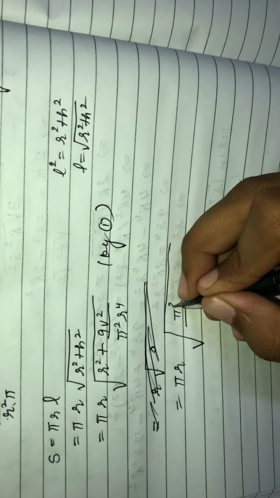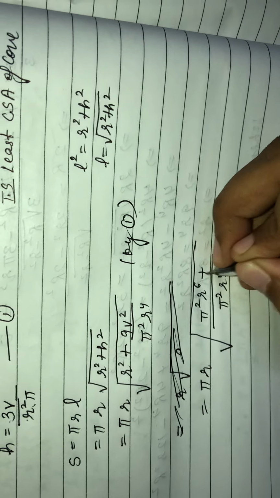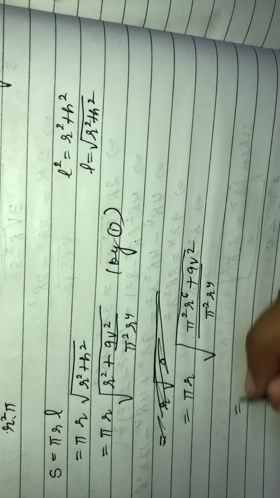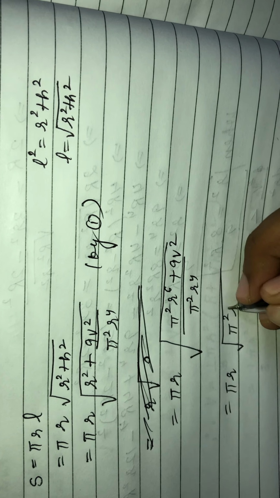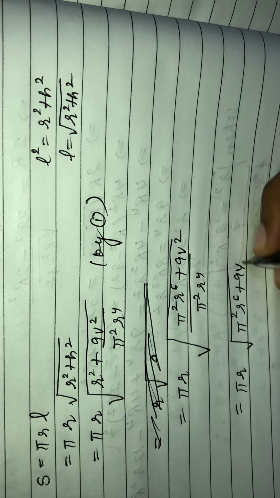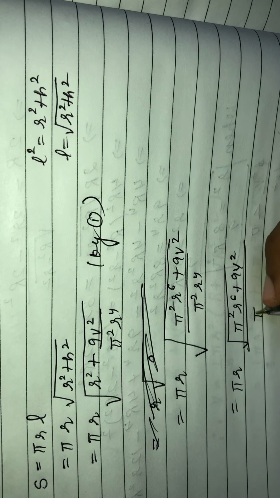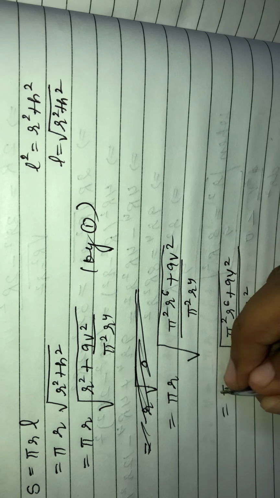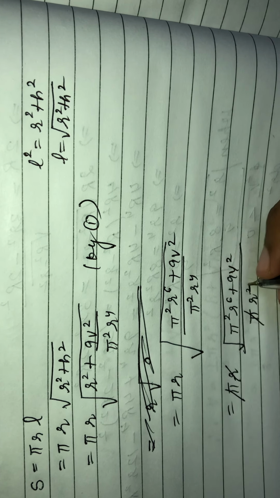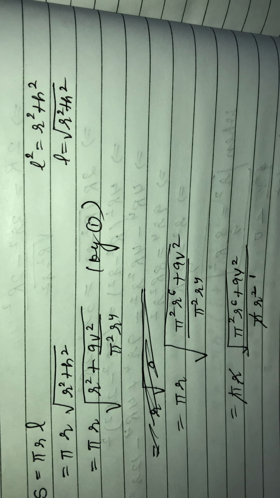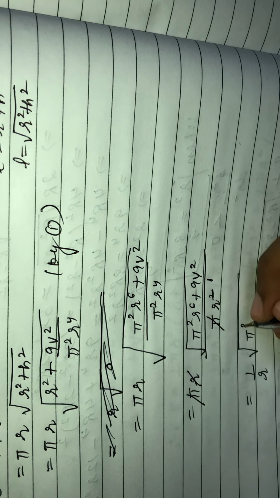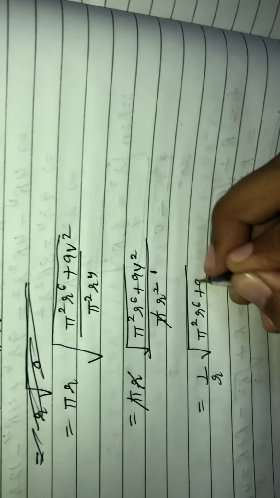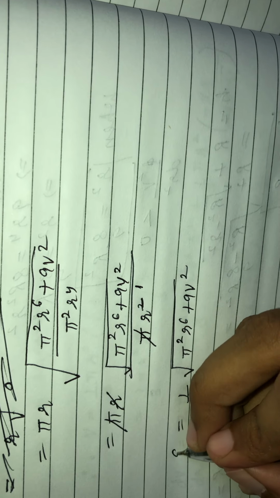So I am getting π² r⁶ + 9V². So π r times the square root of (π² r⁶ + 9V²) over π² r⁴. Pi will cancel out, r will cancel out, I am getting 1 r. So basically 1 upon r times the square root of (π² r⁶ + 9V²). So this is your S.